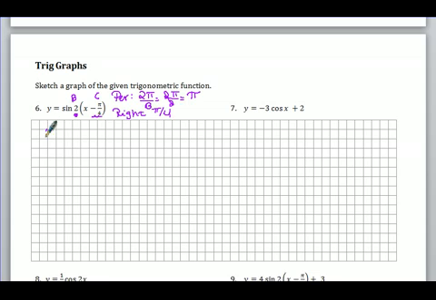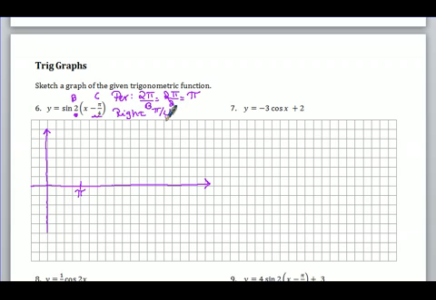So let's draw a set of axes for our graph. Now I'm going to say if I give 4 squares to be equal to pi, because remember usually I like 4 squares to be equal to the period, and that means every square would be pi over 4.